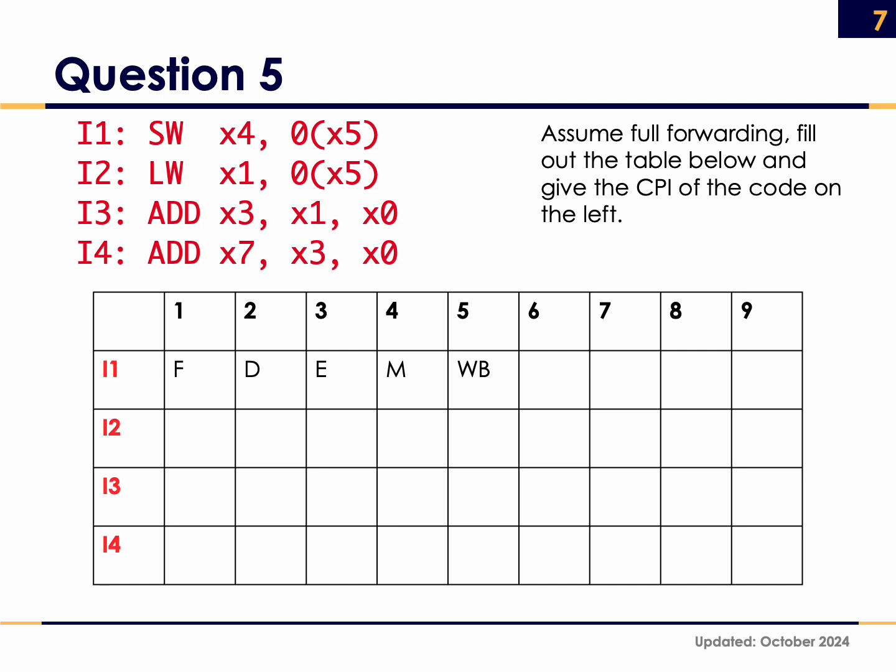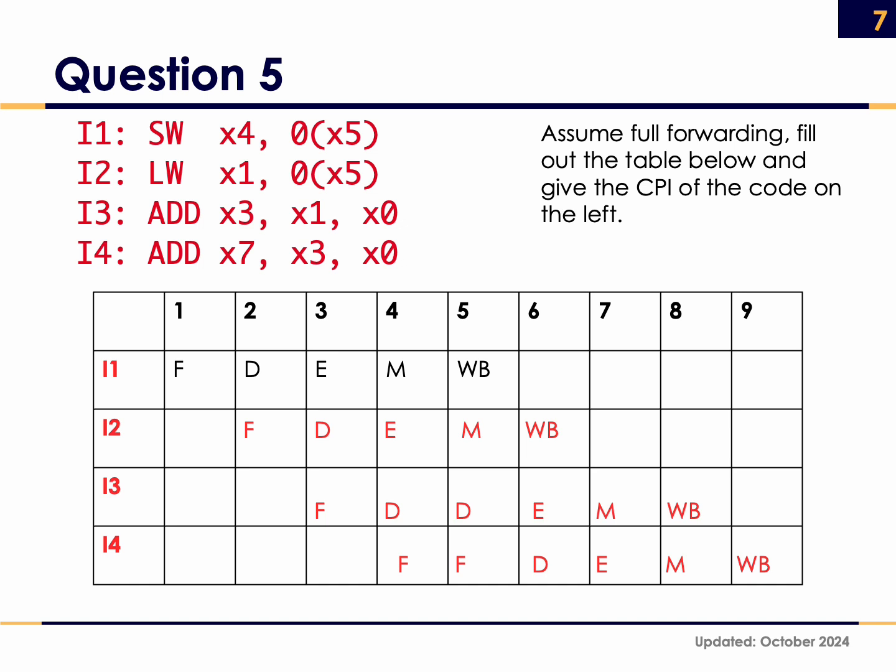Okay, so hopefully you've written out the table. In this instance, there's a couple things we want to look for. The first thing is, is there a dependency between instruction 1 and instruction 2? So yes, there is a dependency, but not one where we need to stall in this instance, because we store a word into the address of whatever is in register 5, and then we load a word from that same address in the following instruction.